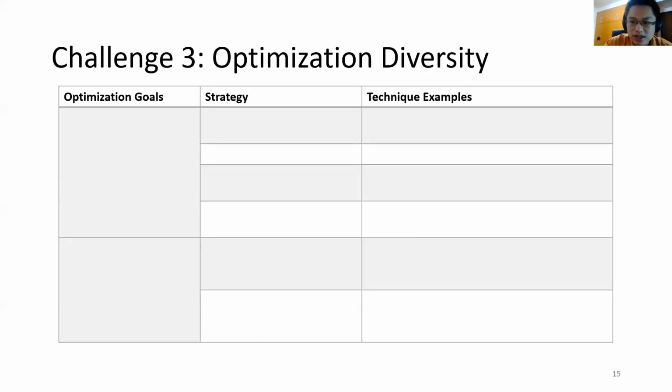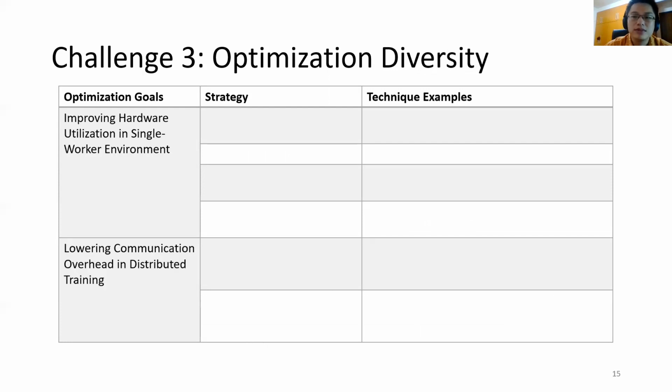The third challenge is that there are various DNN optimizations targeting different performance bottlenecks in different ways. Some optimizations, for example, aim at improving hardware utilization in a single worker environment, while others try to reduce the communication overhead in distributed training. These optimizations often use different strategies to achieve their goals.